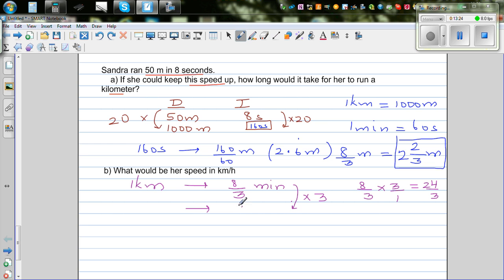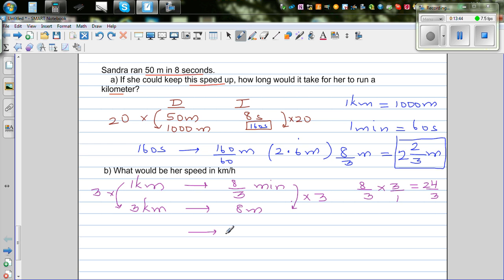So in 8 minutes, she would cover how much distance? I have to do the same thing here, times it by 3, so 3 kilometers. Now this is a neat number. 3 kilometers she covers in 8 minutes.